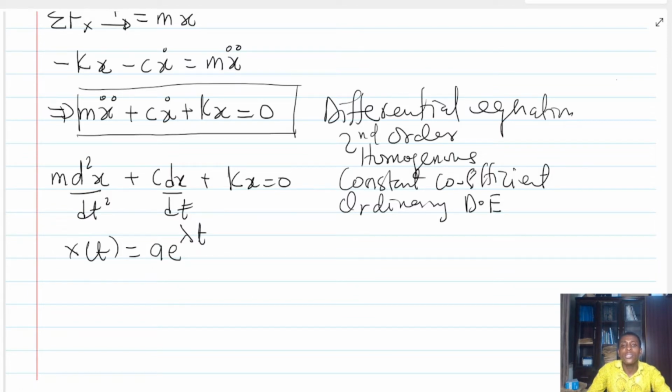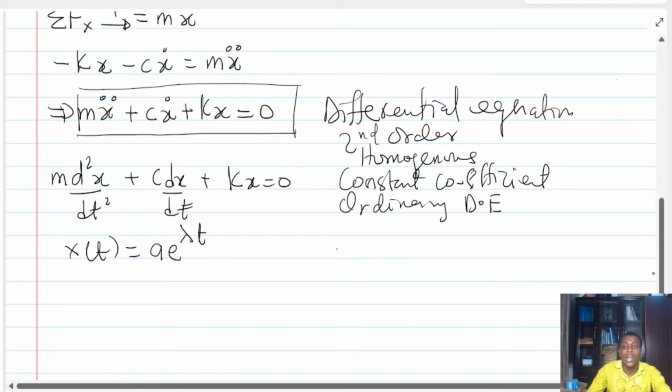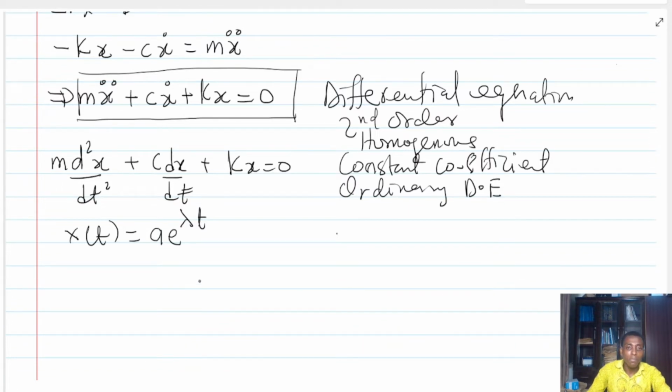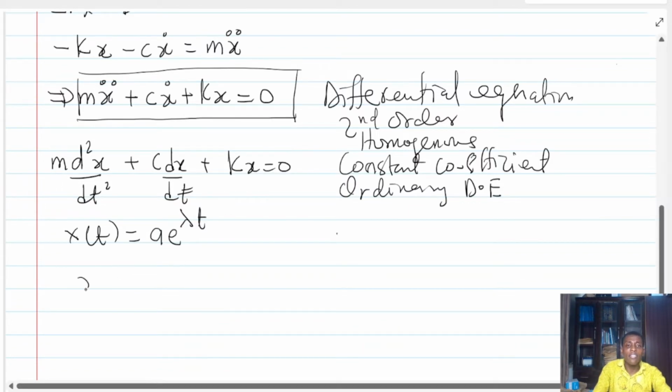All right. So you are saying that this is the solution to your differential equation. And if this is indeed the solution to your differential equation, then this must satisfy the differential equation. So at this point, we want to find the first derivative.